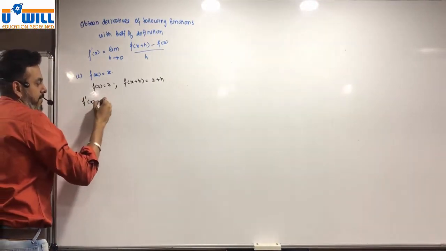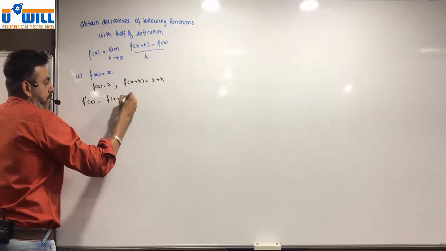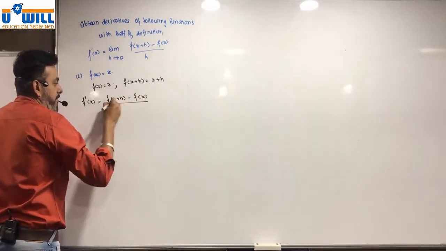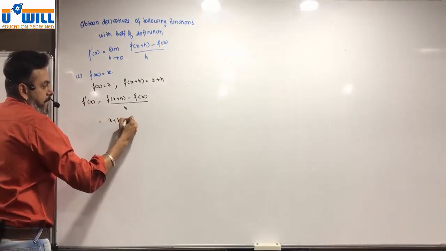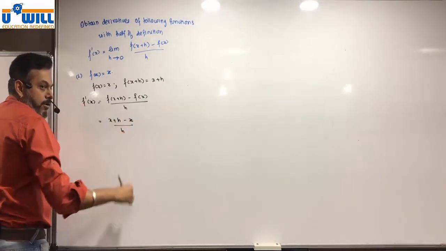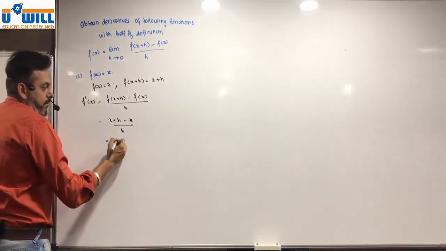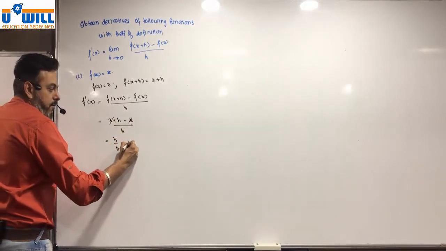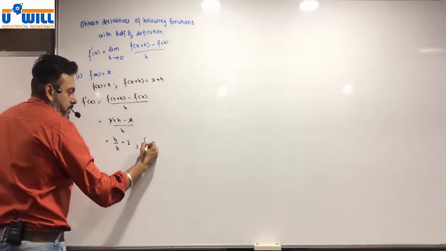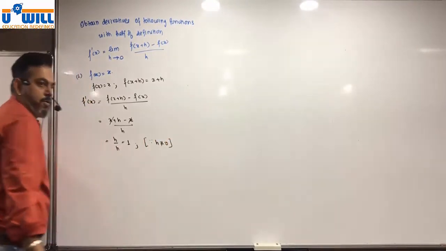Derivative is f of x plus h minus f of x upon h, which is x plus h minus x upon h, cancel h upon h, which is equal to 1, because h is not equal to 0.